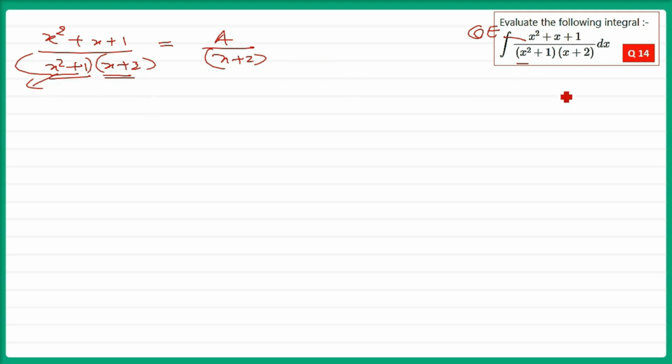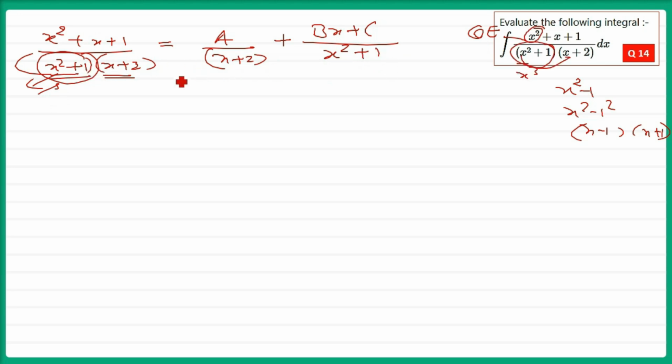But x square plus 1 is not linear, it is a quadratic. x square minus 1 can be replaced by x minus 1 into x plus 1, but x square plus 1 cannot be divided into factors. Because the denominator has a quadratic, we have to write bx plus c in the numerator above x square plus 1.